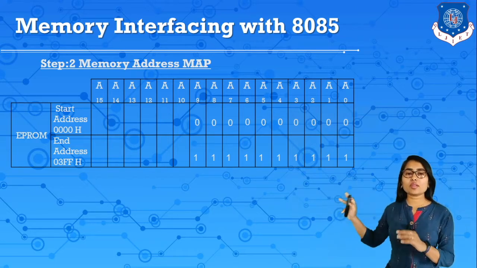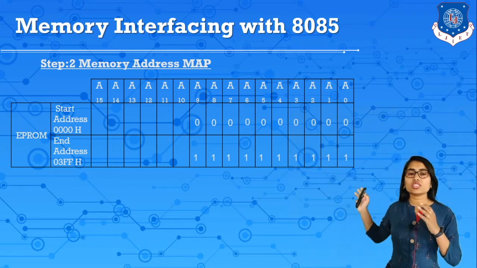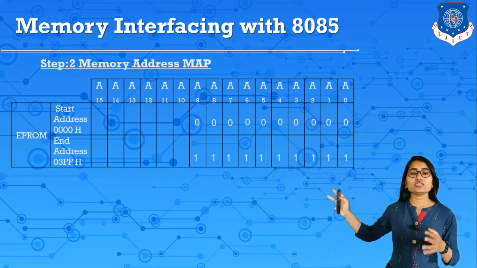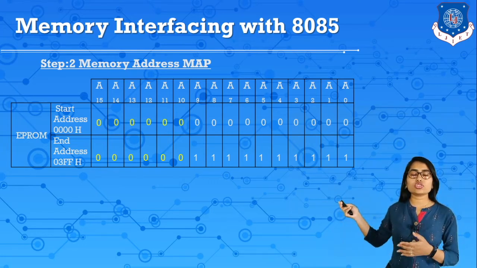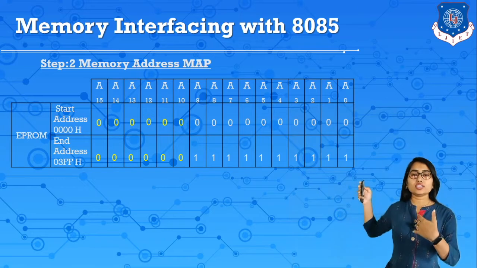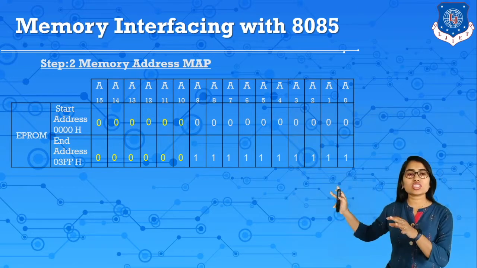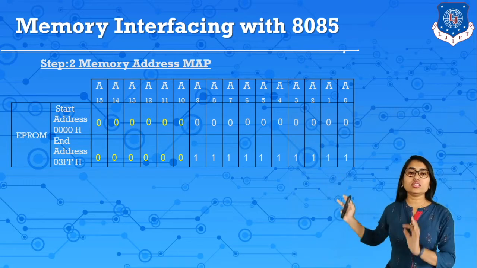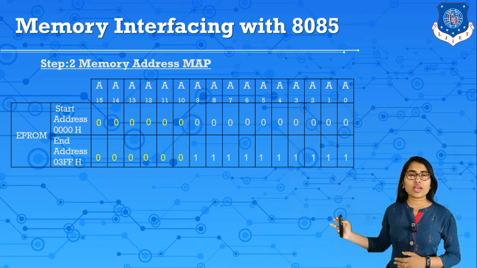Now the remaining lines, A10 to A15, are used as chip select, and as given, the EEPROM has starting address 000, so we mark 00 over here. Since only A0 to A9 are used as the address and the remaining are used as chip select, both the starting and ending addresses have the same bits there.